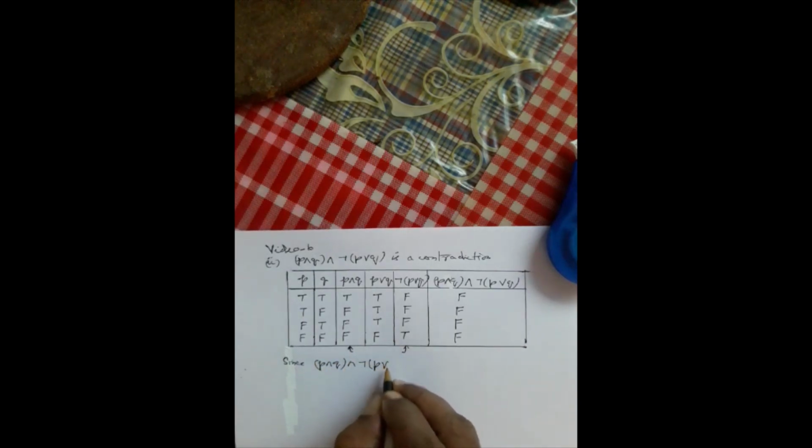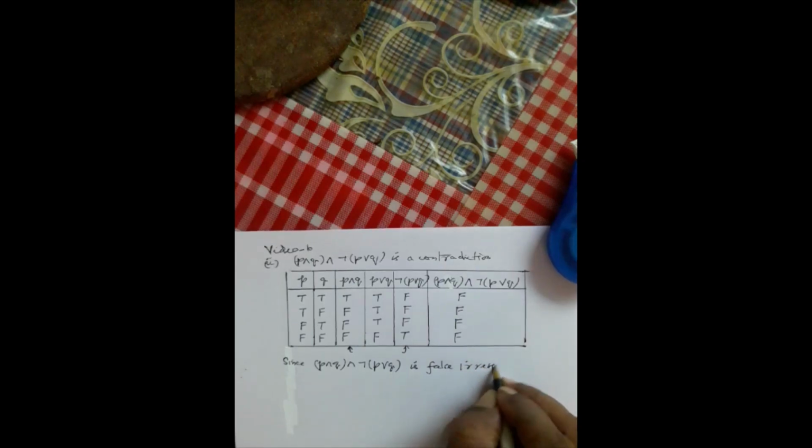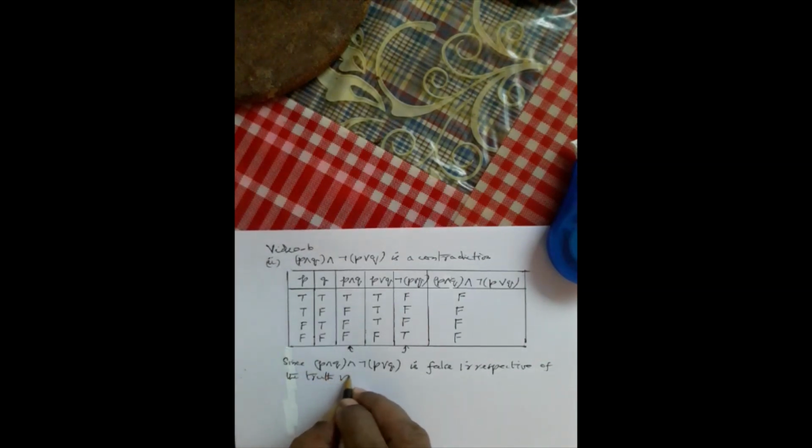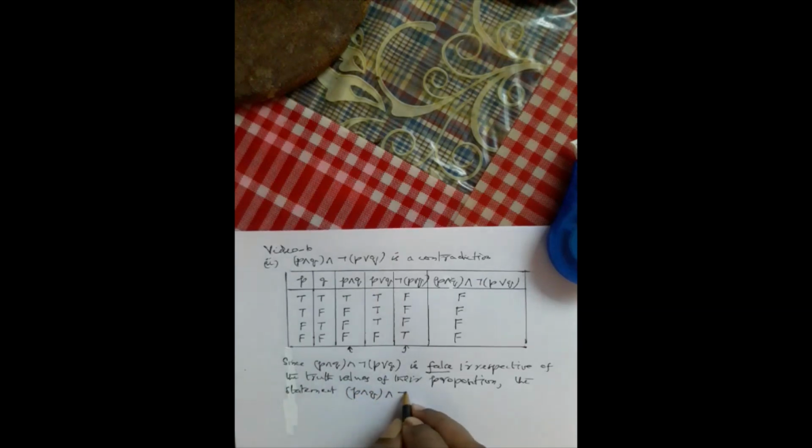Since P and Q and negation of P or Q is false irrespective of the truth values of their propositions, the statement P and Q and negation of P or Q is a contradiction.